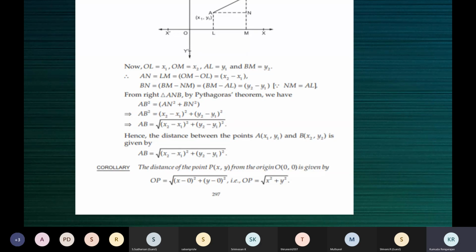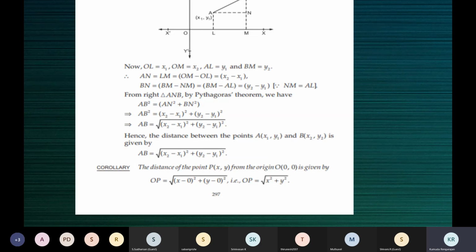Now, supposing I have 3 points A, B, and C. And I say that C is equidistant from A and B. What would you conclude? You come out with some equation, right?